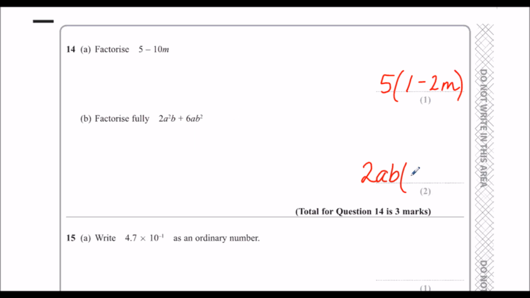That's just an A. 2AB times what makes 6AB squared? 2 times 3 makes 6. We've already got the A, and B times B makes B squared. So we can check these. If we expand them back out, we should get the question again.